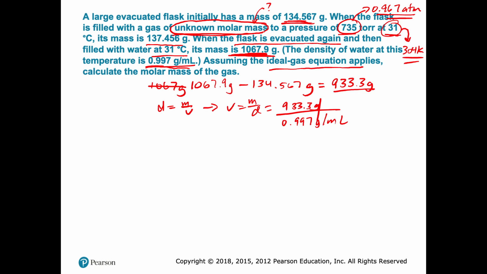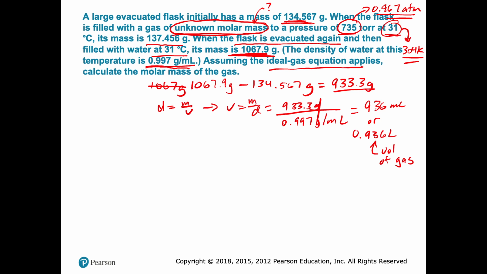We can cancel out those grams and we're left with a volume of 936 mL. Remember, everything needs to be converted to liters, so it's 0.936 liters. And remember, this is the volume of the unknown gas in the flask.